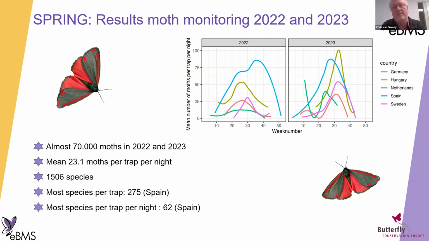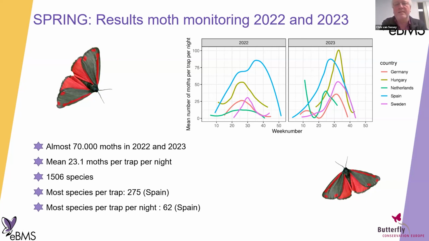The LED traps don't have a lot of power, but even then they had lots of moths inside. In total, we collected data on 1,500 species. There were nights in Spain, for example, with 275 moths and 62 species. And then it's real work.